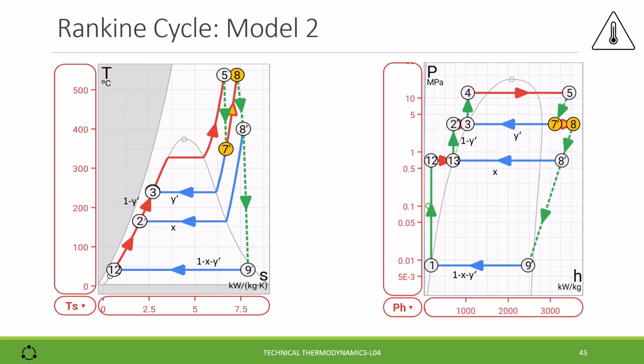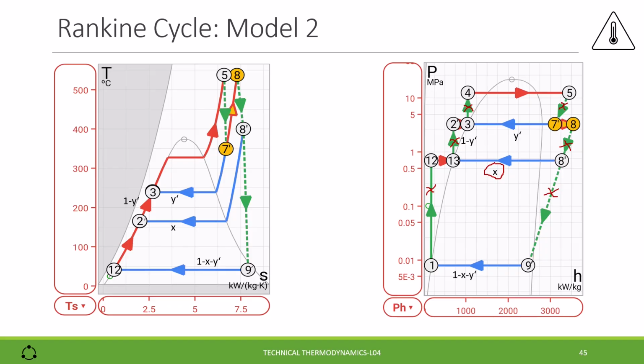We start now the second model and we introduce more complexity. The expansions are not isentropic any longer and another bled steam amount X is added. As a consequence, we have 3 compressions and 3 expansions instead of 2.